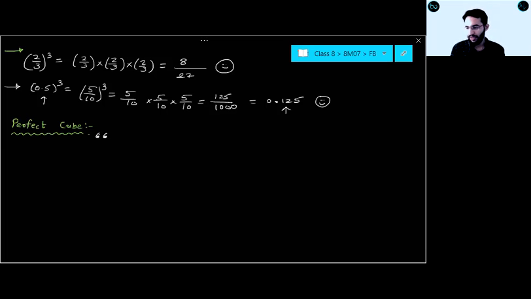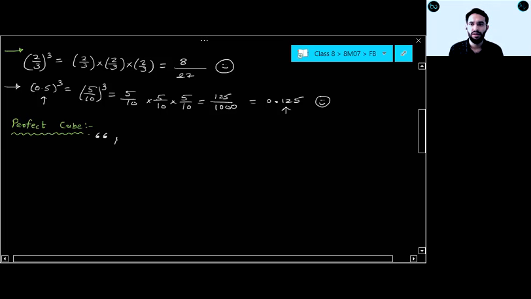So a natural number is called a perfect cube, but it is not necessary that it is natural, right? It can be an integer as well, it can be a negative number as well.